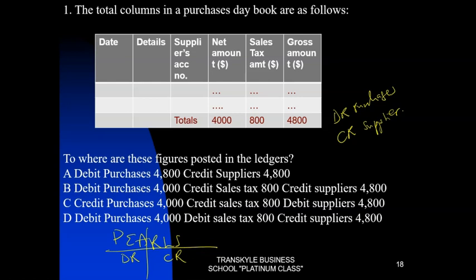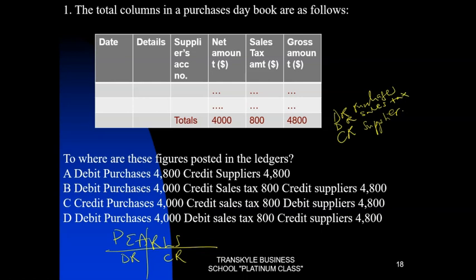But now, when the tax element is something to talk about, obviously the tax element is considered as part of the purchases. So obviously the direction where the purchases is should also be the direction of the sales tax, if tax is involved.